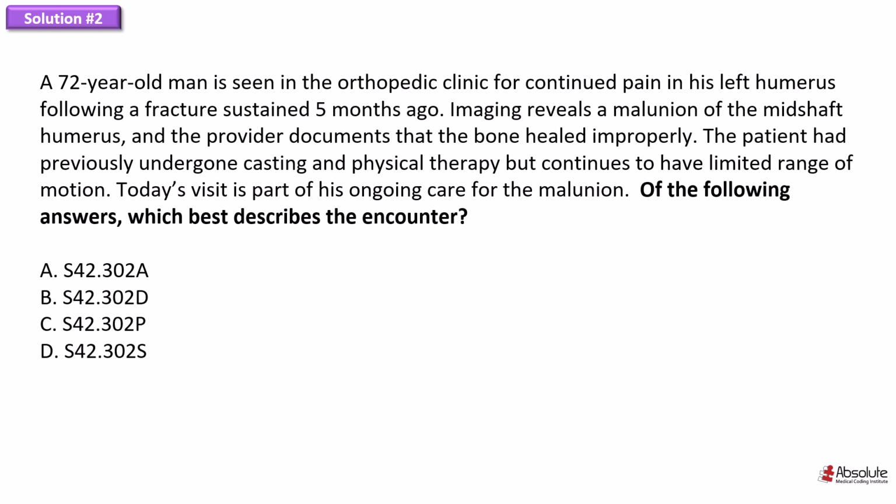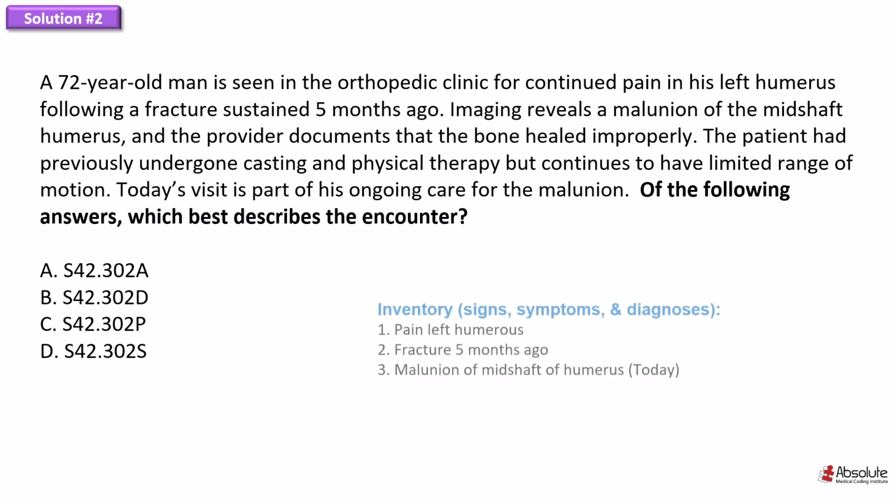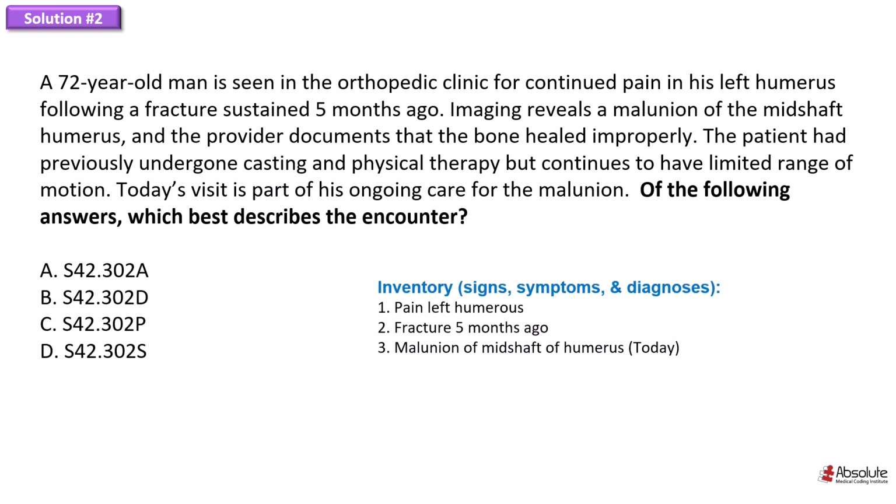How did you do, coders? This is another scenario where the seventh character extenders are different, but I think this is a little more straightforward with a little bit of context. This is going to be an aha moment for some of you. All right, these are my keywords.